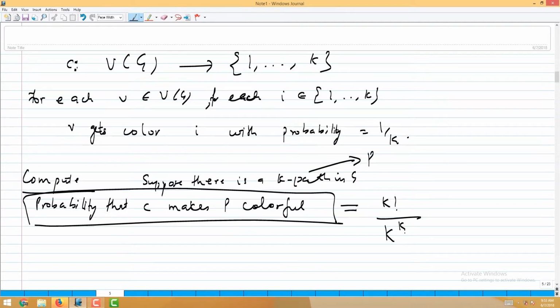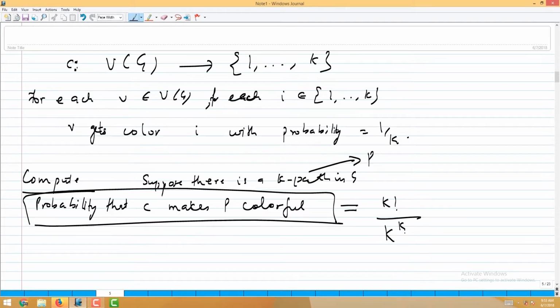So as he says, it's that. The way he's saying is, if you want to make a particular path colorful, how many ways can you do that? A path is colorful if it is using all the colors.